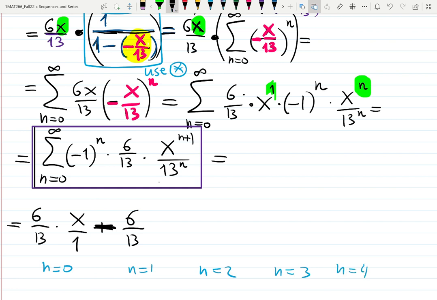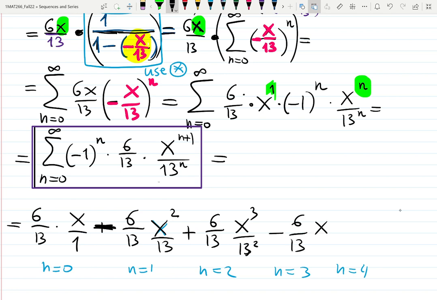When n is 1, it's 6 over 13 with a negative sign, x squared over 13, plus, when n is 2, it will be positive, 6 over 13 x cubed over 13 squared, minus, when n is 3, 6 over 13 x to the 4 over 13 to the 3, plus, do you see the pattern?